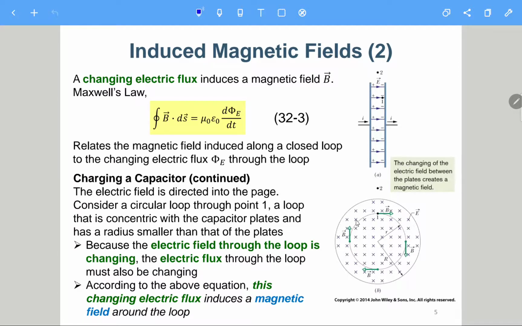So this Ampere loop and this circular plate share the same center. Because the electric field through the loop is changing, the electric flux through this loop must also be changing. According to the above equation, this changing electric flux induces a magnetic field around the loop.